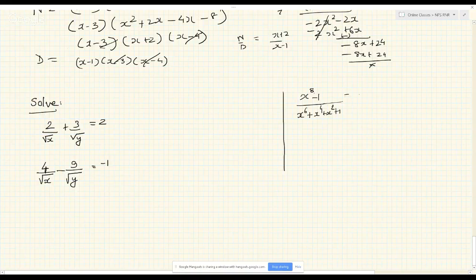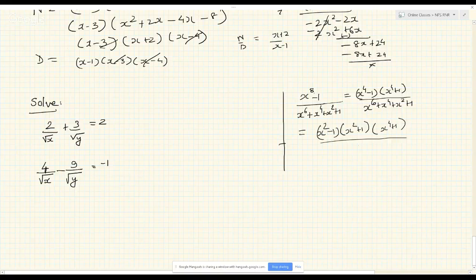Okay, so this is nothing but x to the power 4 minus 1 and x to the power 4 plus 1 divided by x to the power 6 plus x to the power 4 plus x to the power 2 plus 1, which is equal to x square minus 1 and x square plus 1 and then x to the power 4 plus 1 divided by x to the power 6. So what you can do is you can take common from here also.